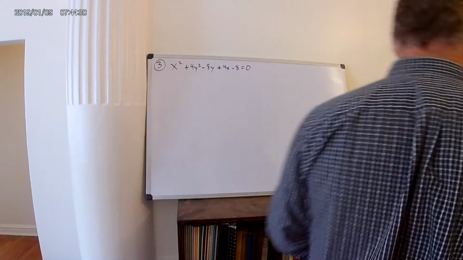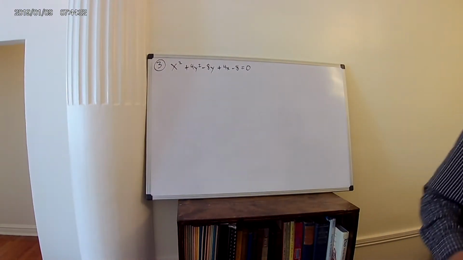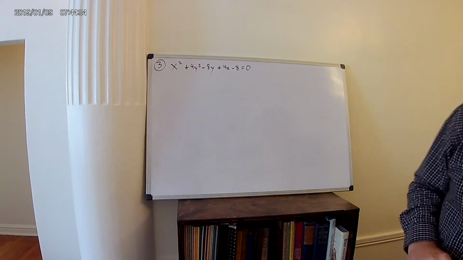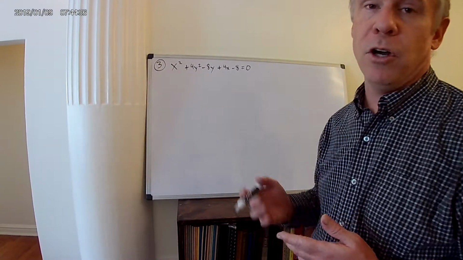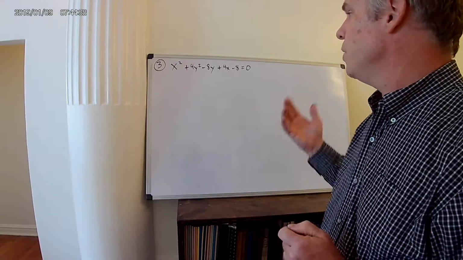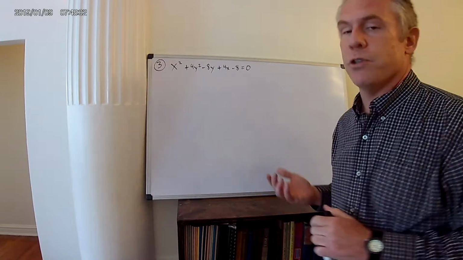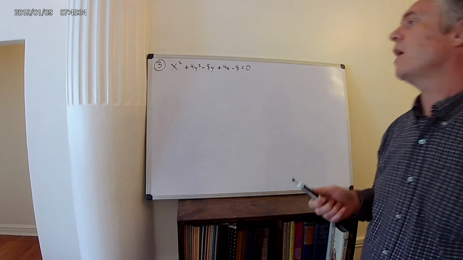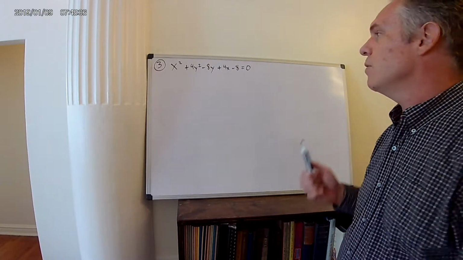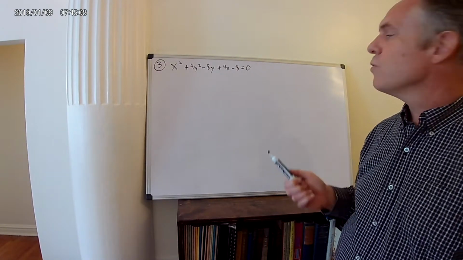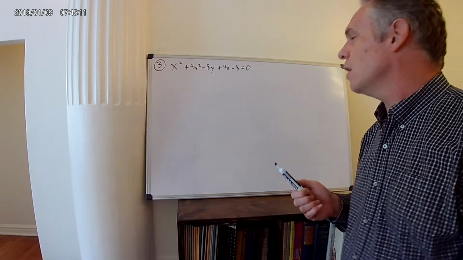This is actually an ellipse written in polynomial form. If you remember with circles, we did circles written in polynomial form, and then we rewrote those equations into the factored form of a circle, which enabled us to quickly identify the radius and the center, and then we could graph it. We're basically going to follow the same approach here for this ellipse.